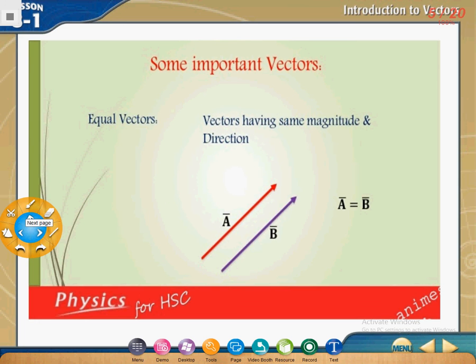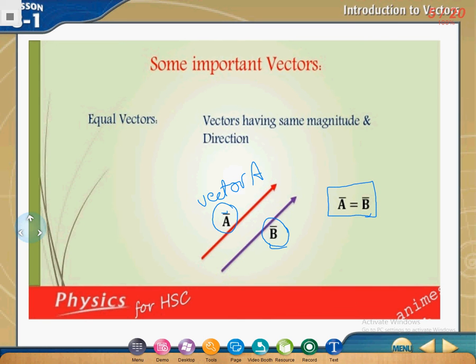Okay. Let's see now our vocabulary. Equal vectors. Equal vectors means I have A and B. Look how we write vector A and vector B with this dash here. We read it vector A. Don't forget, vector A, and here, vector B. Now, we said that vector A equals vector B if they have the same magnitude, again, the distance or the length, and the same direction.